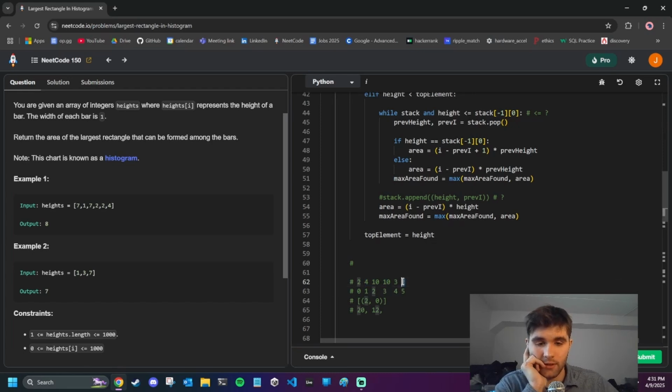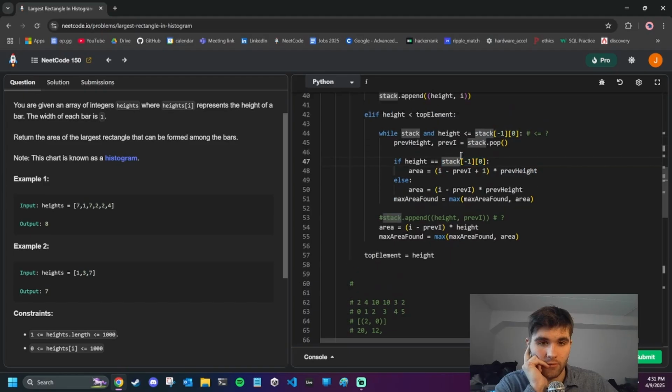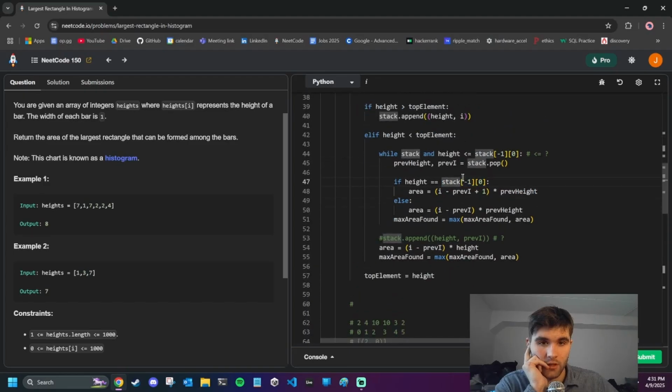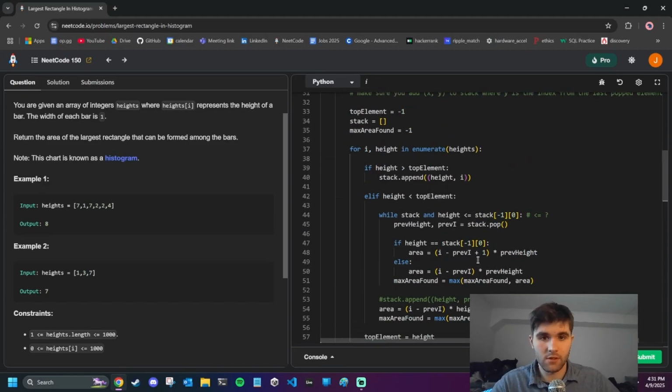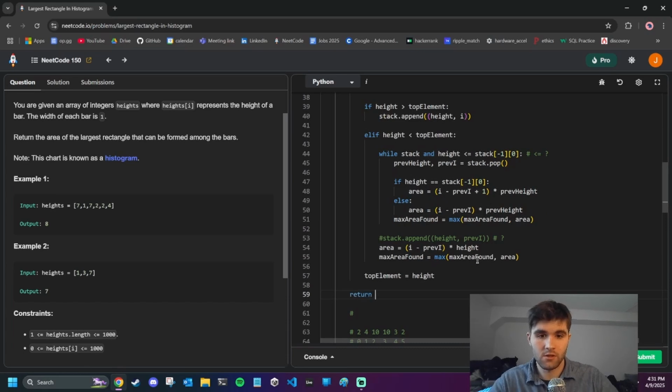Okay, then we get to here. So now I'm saying we'll do 5 minus 0 plus 1 times, if they're equal, you could do either height. All right, and then we just return max area found.